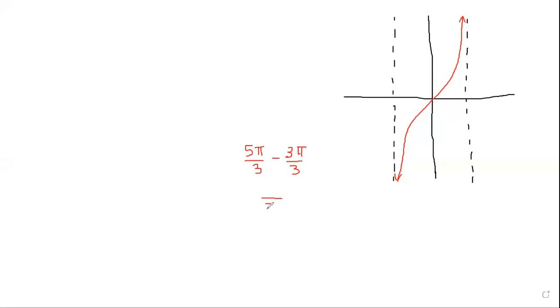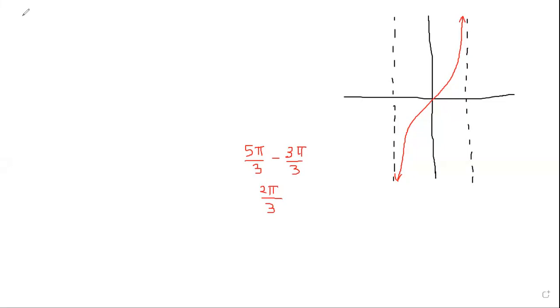So 5 pi minus 3 pi, okay, 5 minus 3 is 2 pi, over 3. So this is the period.